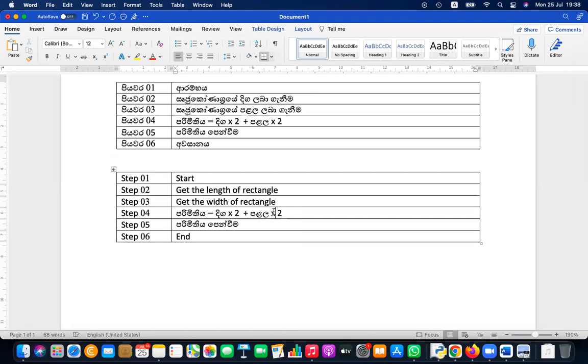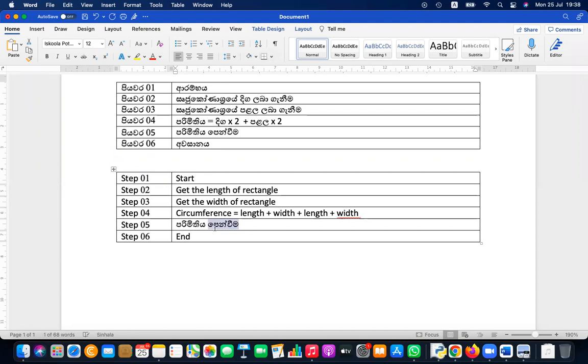Then you can say circumference equal to, and one way of telling this is length plus width plus length plus width. That is very simple. Any baby can do that.